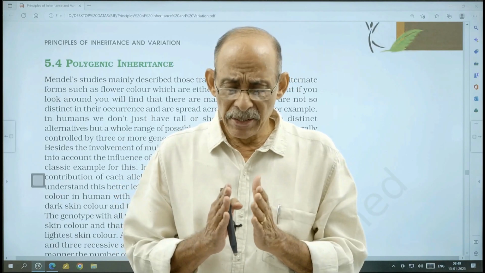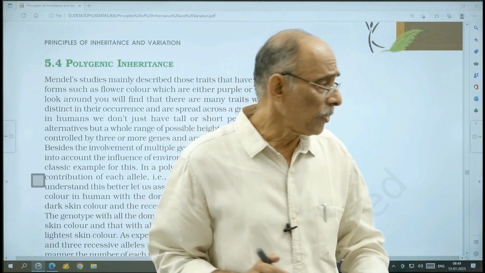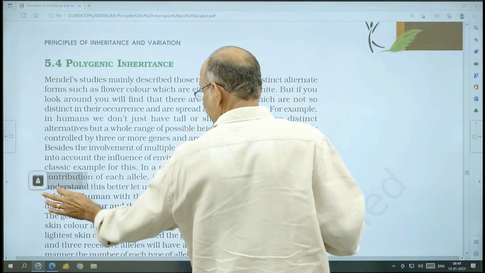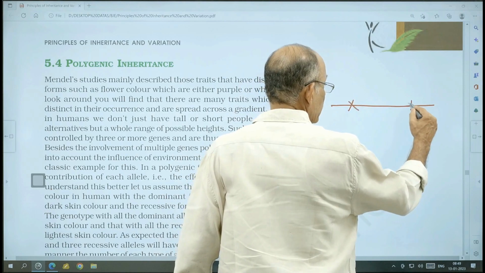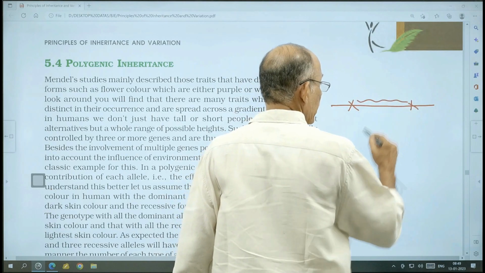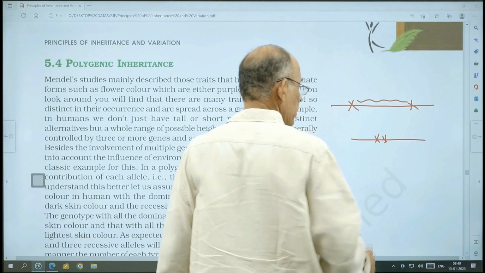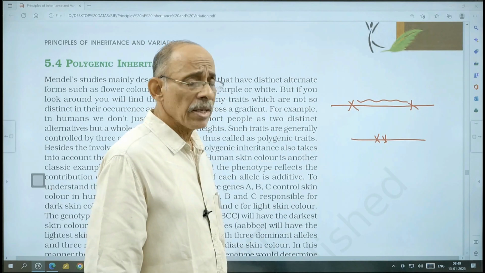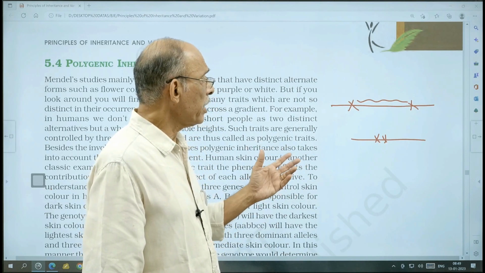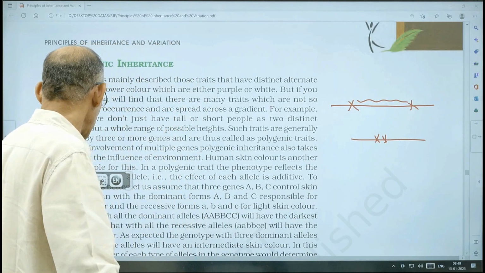And if this recombination percentage is very low, the genes are very closely packed. So when the recombination percentage is maximum, the genes are far apart, and when it is minimum, the genes are very closely packed. By using this crossing over data, we can map the genes on a chromosome.